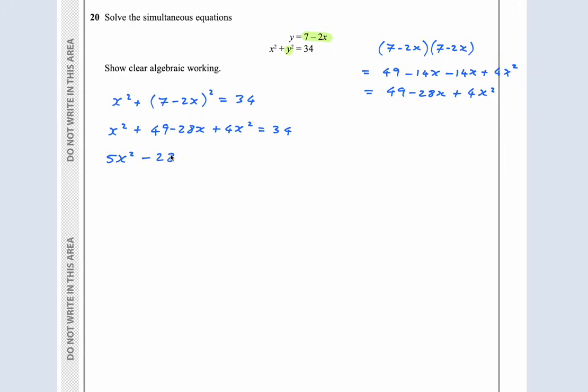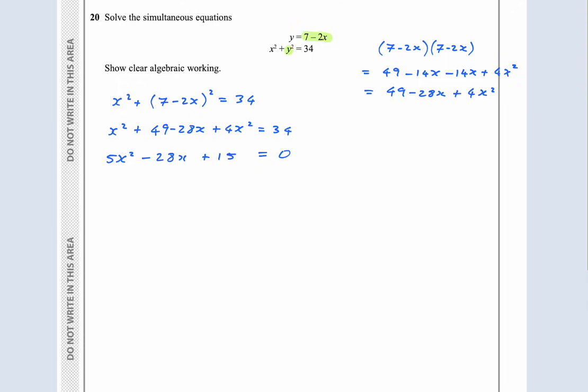Minus 28x is here, and I'm going to do 49 minus 34, which is 15. So this gives me plus 15 equals 0. Okay, now I need to factorize this, guys.